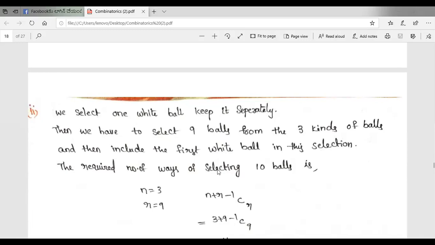So we keep one white ball separately out of the total 10 balls; that one is selected, that is the white ball, and the remaining 9 balls are selected from the 3 kinds of balls.